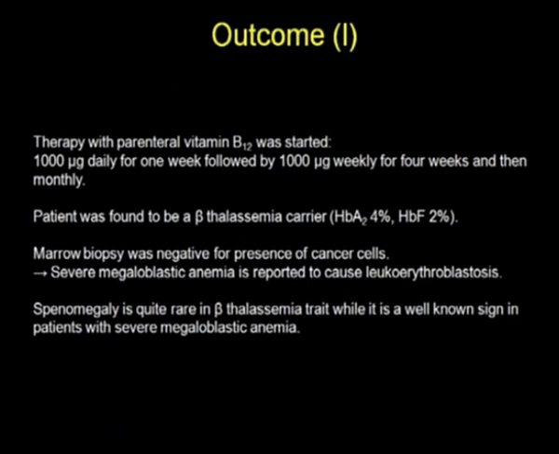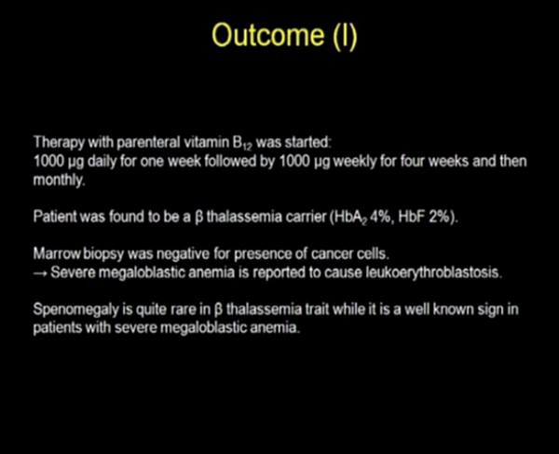And at this point, I went through the literature and I found that there are reports that in case of severe megaloblastic anemia, leukoerythroblastosis is reported. While splenomegaly is rare in beta thalassemia, it is well known in patients with severe megaloblastic anemia.